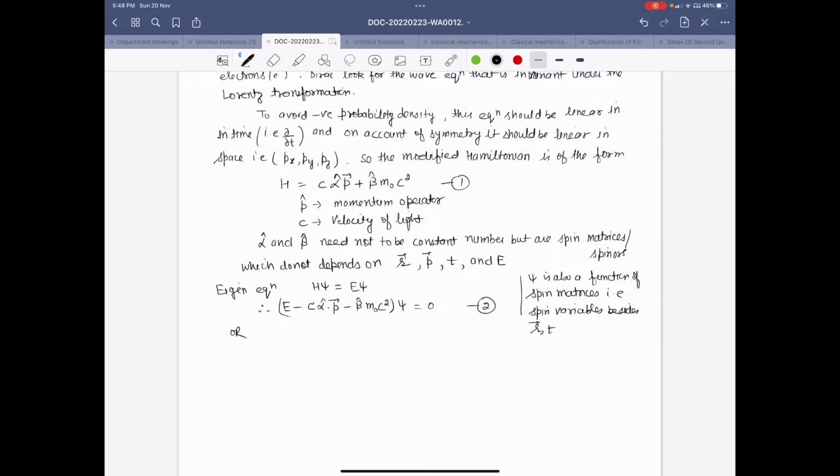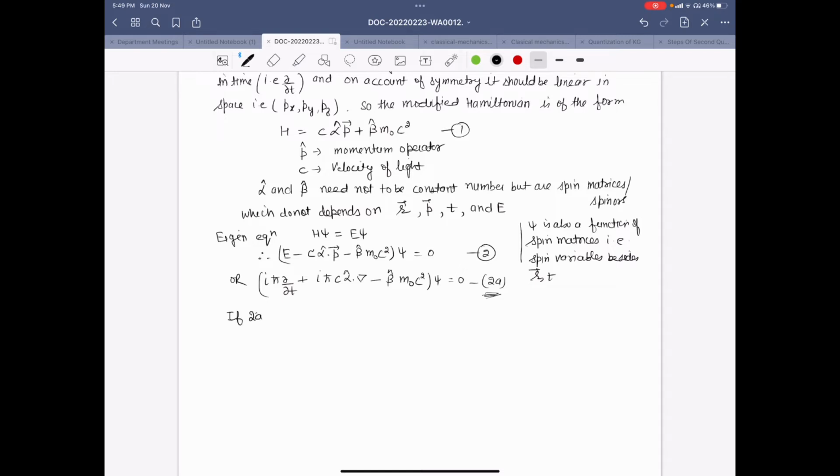So equation 2 can be rewritten as, you just put all the operator values, that is i h cut curly t plus then your i h cut C alpha dot del minus beta m naught c square psi is equal to 0. You can write down this equation as 2a.